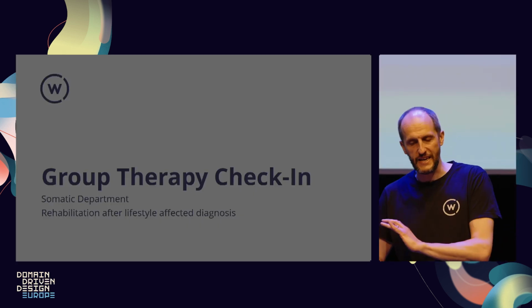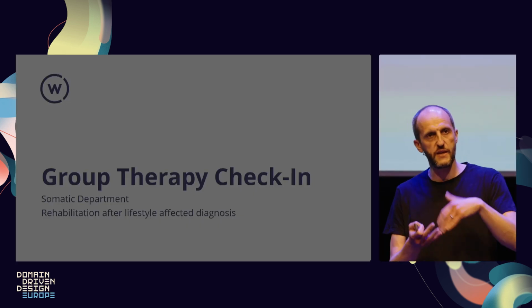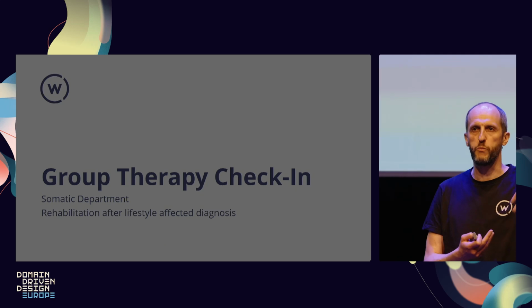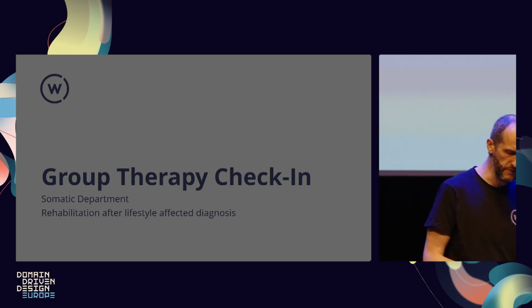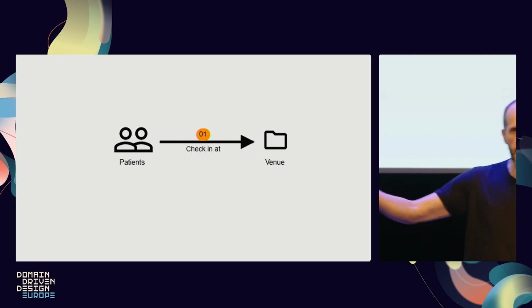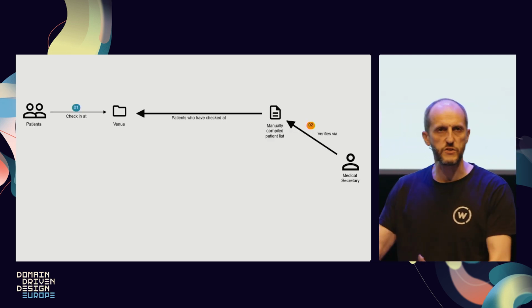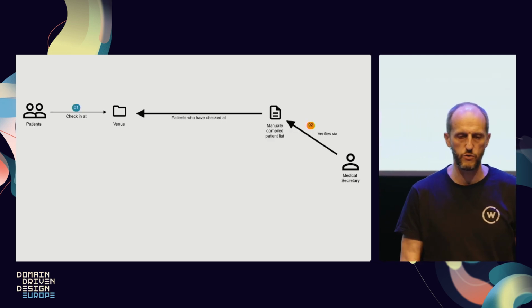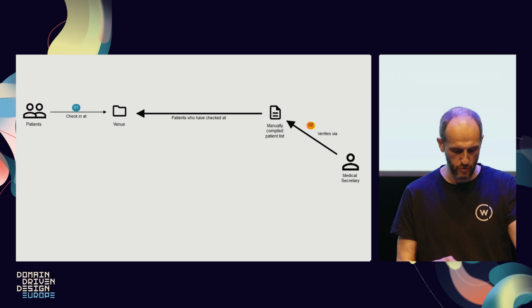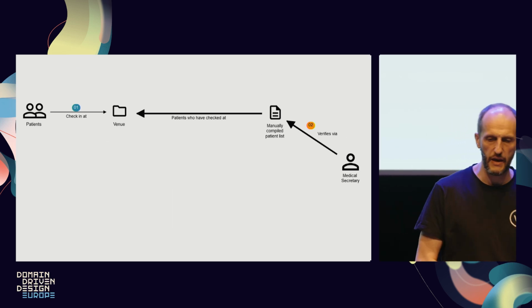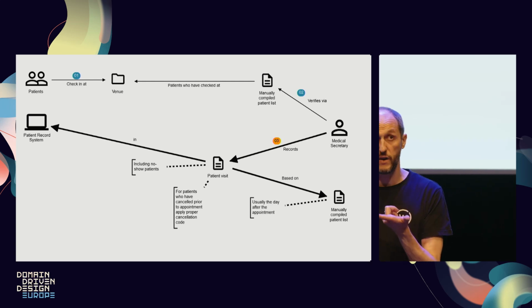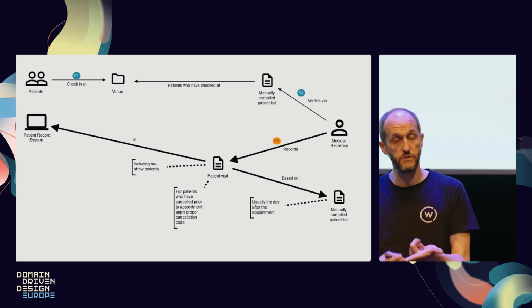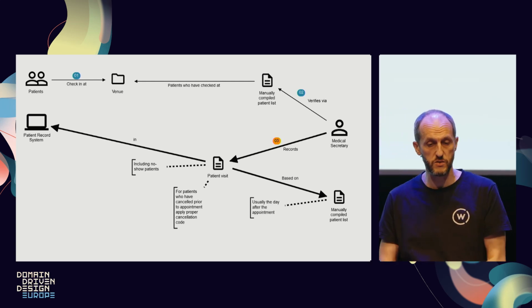So how do they do the check-in? Group planning produces all sets of group appointments. So what happens for each appointment? Still the same department. Okay, patients, they check in. The medical secretary uses a manual list to register who has arrived, and then uses the same list to register who had attended, who was a no-show, who has cancelled.